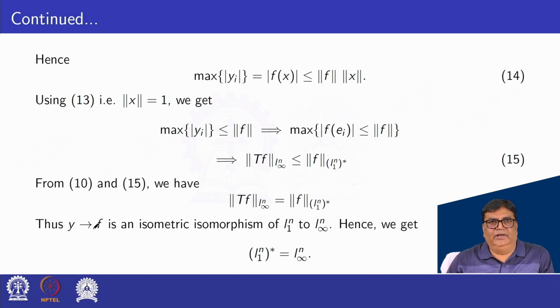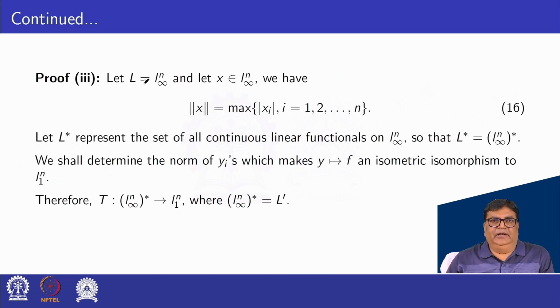That is, y to f is an isometric isomorphism of L1 n to L infinity n. Hence L1 n star is L infinity n. That is, dual of L1 n is L infinity n.